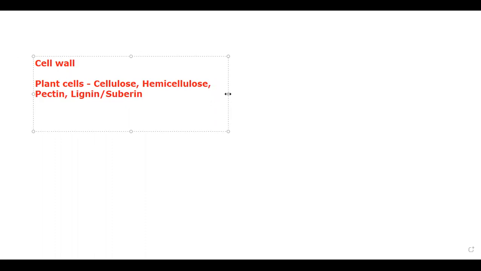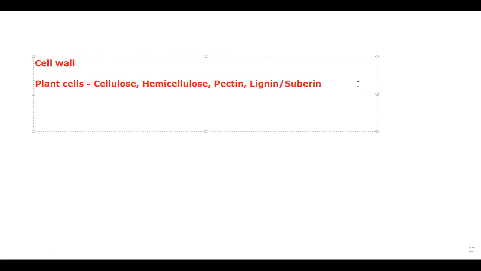What are the materials making the plant cell wall? Cellulose, hemicellulose, pectin, lignin. Lignin or suberin, only one is possible.